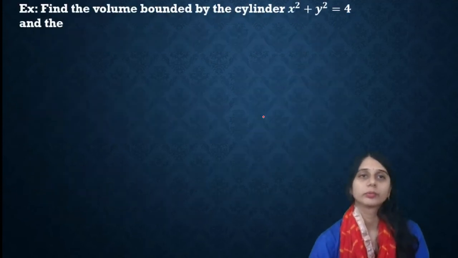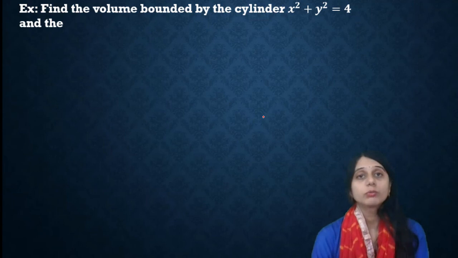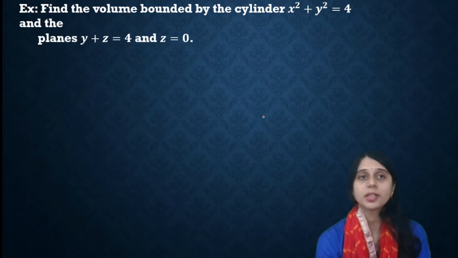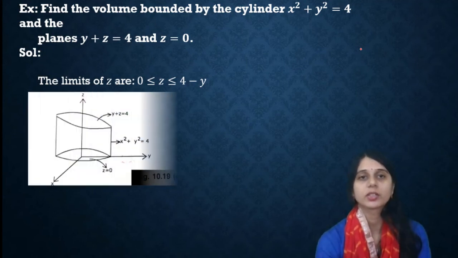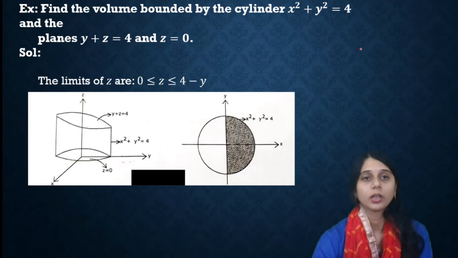Now an example. Find the volume bounded by the cylinder x square plus y square = 4 and the planes y plus z = 4 and z = 0. So, the limits of z are 0 less than or equal to z less than or equal to 4 minus y. Now, what is the plane?